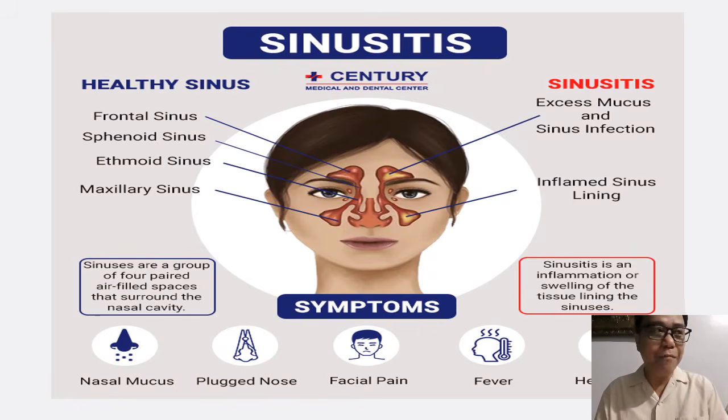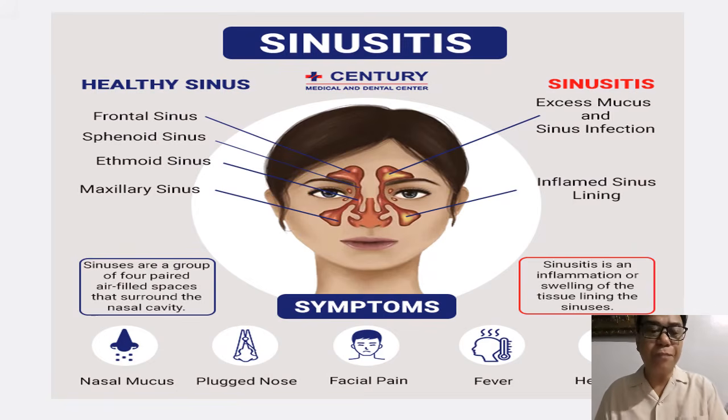Okay. Aside from codeine, they could also be given some antibiotics like amoxicillin. Okay. Usually, if that is acute phase, it is given around 7 to 10 days. However, for chronic, it could be given for as long as 11 to 21 days. But again, it depends upon the doctor's prescription. Okay.